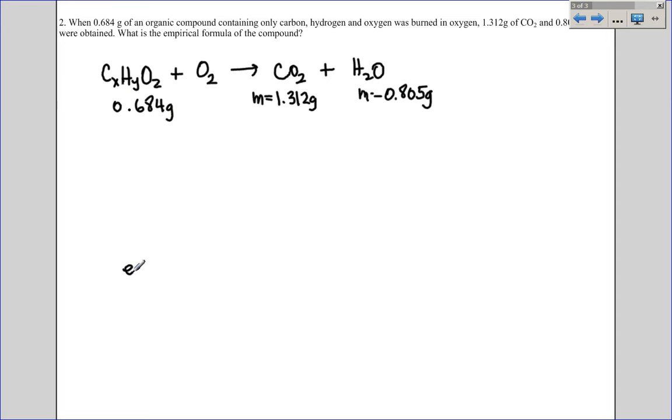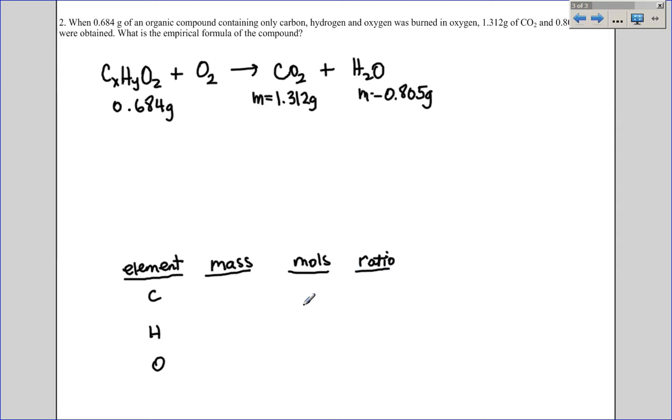I'm going to build my chart down here, and in this case, when we're dealing with oxygen as well, we are going to need our mass column, and you'll see why a little bit later. It'll help to organize our information. So we've got carbon, hydrogen, and oxygen in our sample.